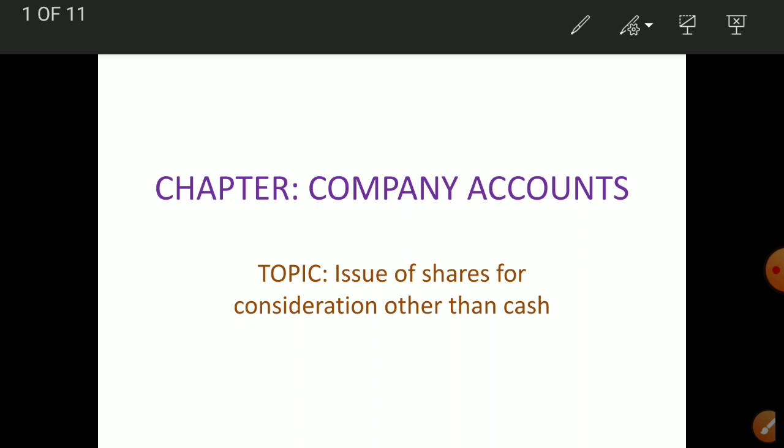So today we discuss some other adjustments where shares can be issued in a situation not for cash, but when the company purchases some assets from somebody, or when the company issues shares to promoters as part of incorporation expense, that time also we can issue shares. So instead of making payment through cash, here we are giving what? Shares. So in that situation, how to pass the journal entries, that we will study.